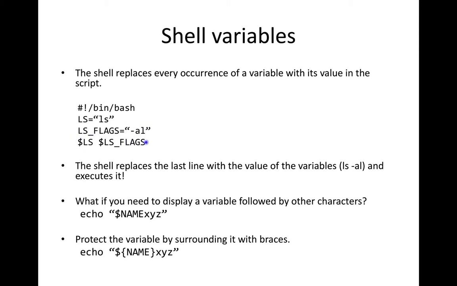Once it's replaced these references with their values, then it will try to execute the statement. In this case, it will execute the statement ls -al. And the ls command, as you learned earlier, is the command that we use to list the directory contents of our current working directory.